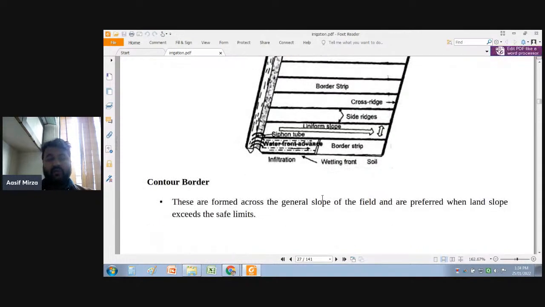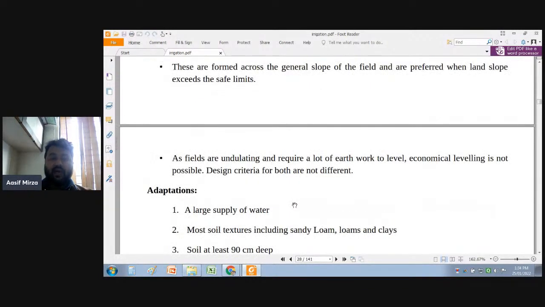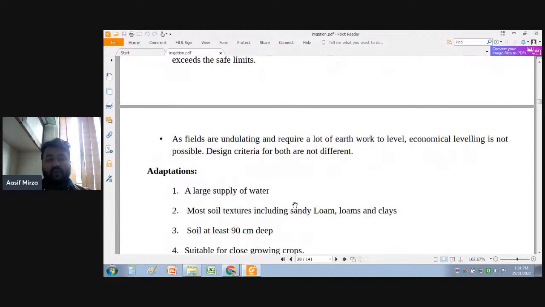Okay, now moving toward the next method, that is the contour border. These are formed across the general slope of the field and are preferred when land slopes exceed the safe limits. As fields are undulating and require a lot of earthwork to level, economical leveling is not possible. Design criteria for both are not different. Now, on which conditions this method is to be adopted, that we will see.